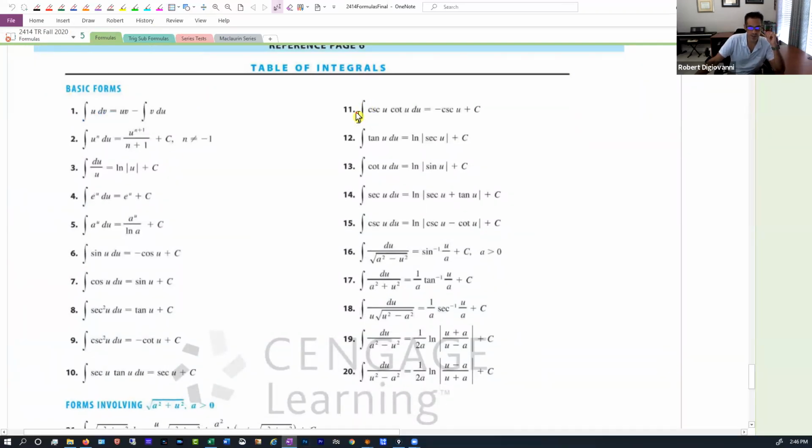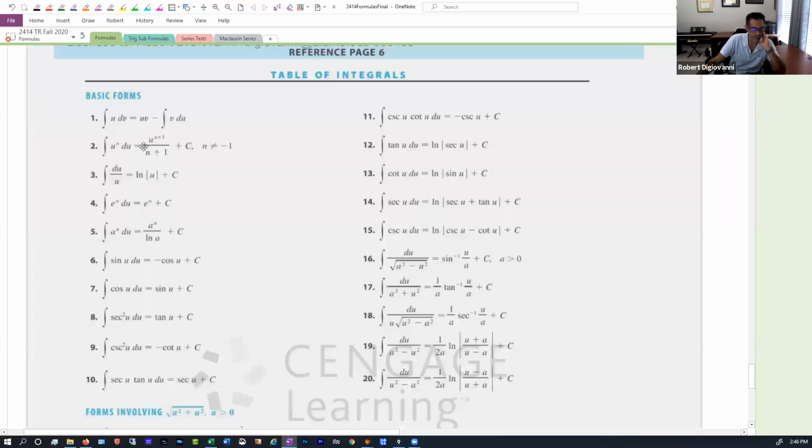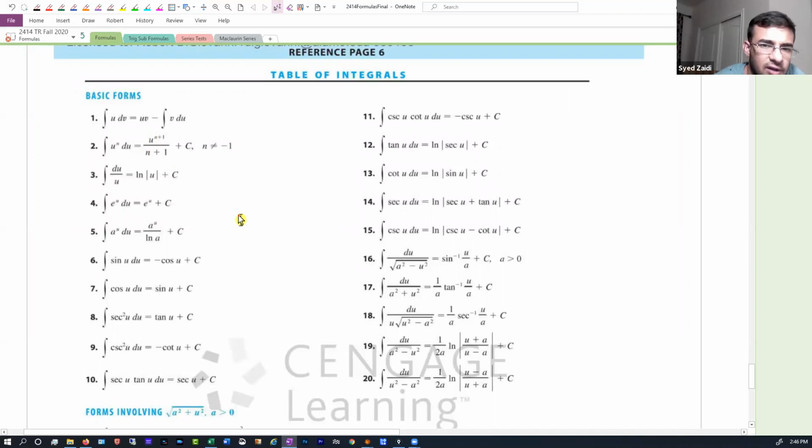So when you see this symbol, it looks like an S that's been stretched out. That's called the integral sign, and we'll talk about it later. If you look at formula 2, that's basically the formula that we just had. They're writing it a little bit different, but I just want you to know this sheet is going to contain a lot of formulas that we'll use.